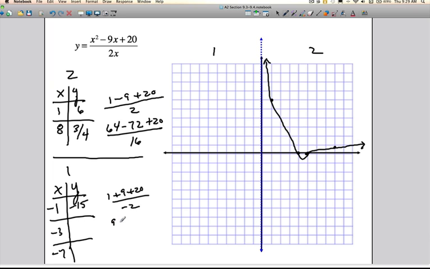And when I plug in -3, I'll have 9 plus 27 plus 20, all over -6. This is 56 divided by 6, -56 over 6.